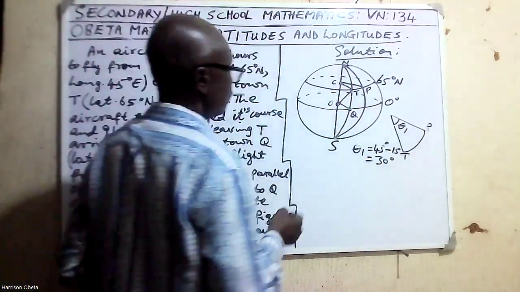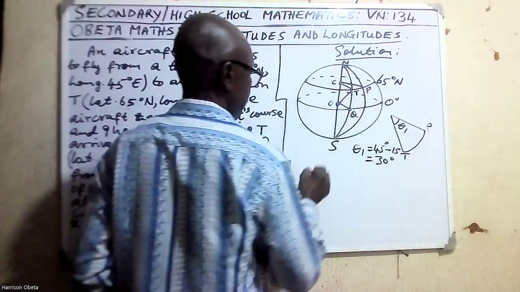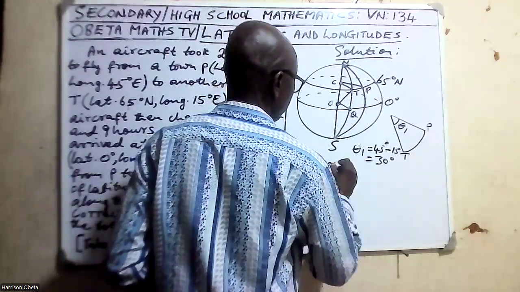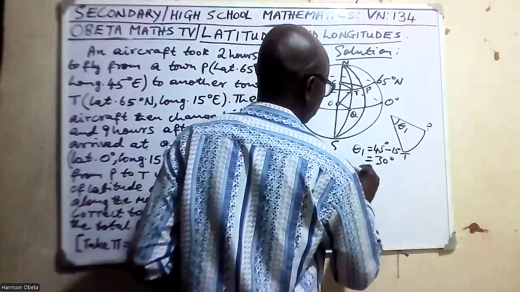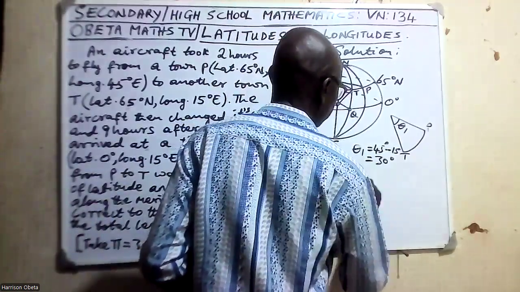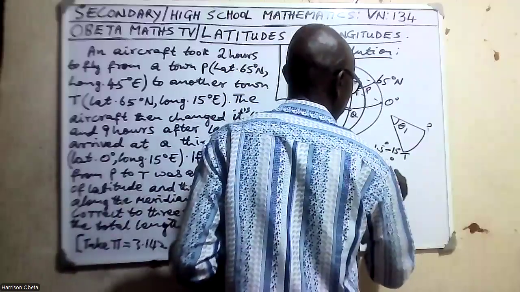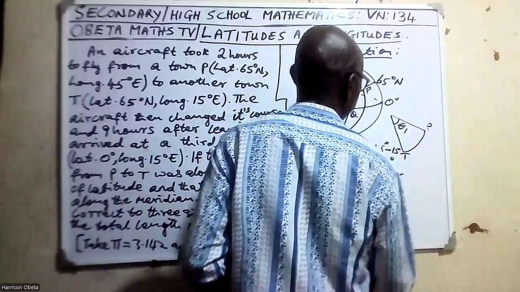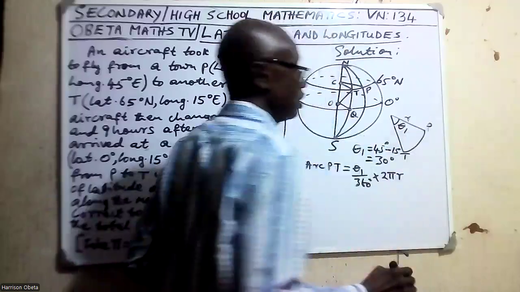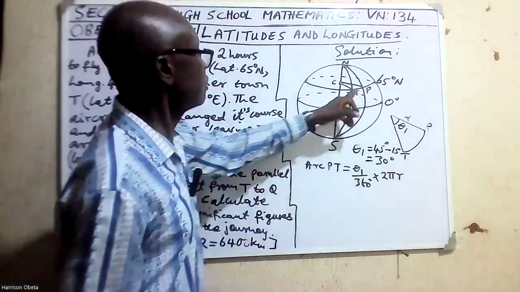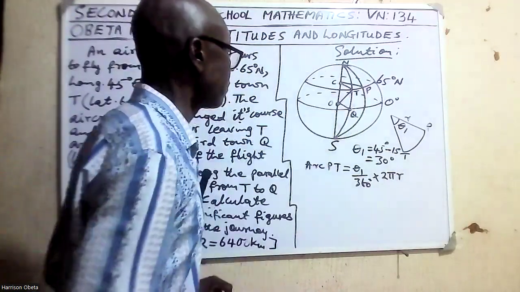So for us to find arc PT, arc PT is equal to theta 1 over 360 times 2 pi r, because we are talking of small radius, since the distance is along a small circle, that is from here to here.